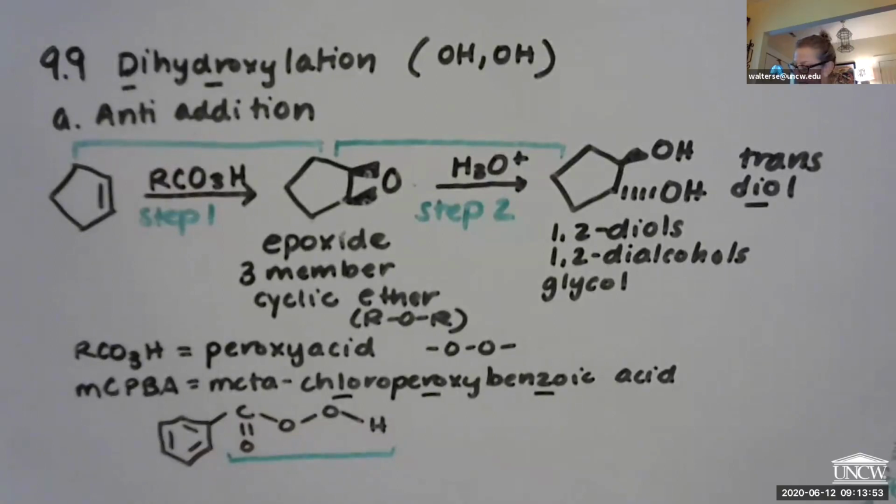Now what the meta means, and this is more important in 212, but it's important for the structure, is that meta is telling you a position of 2 groups bonded to a benzene ring. Right next door to the carbon with the peroxy acid, this position is called ortho. This position is called meta, so that's where the chlorine is. And this one that's across is called para. So ortho, meta, para. Because the chlorine is in the meta position relative to the benzoic acid, that's why you have that bit in there. But usually it's just shortcut written MCPBA.